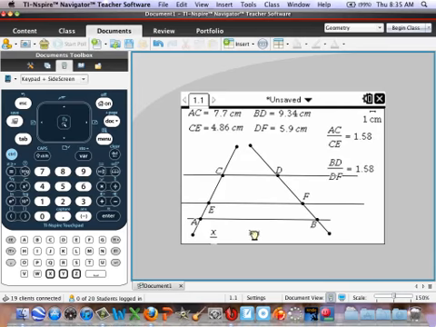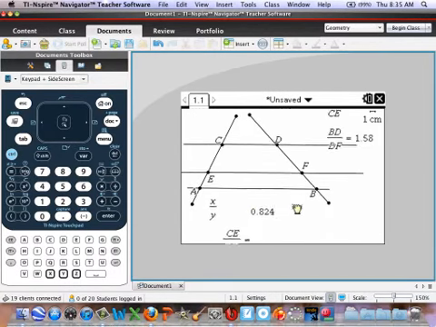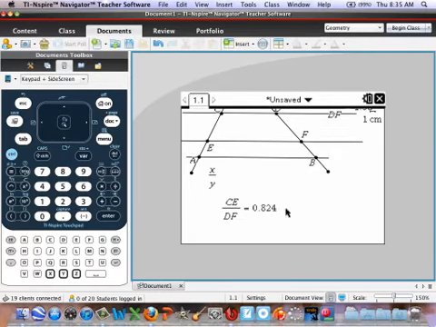For X, so that was CE to DF, we get this ratio.